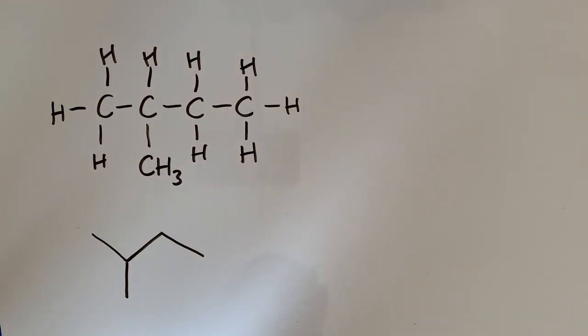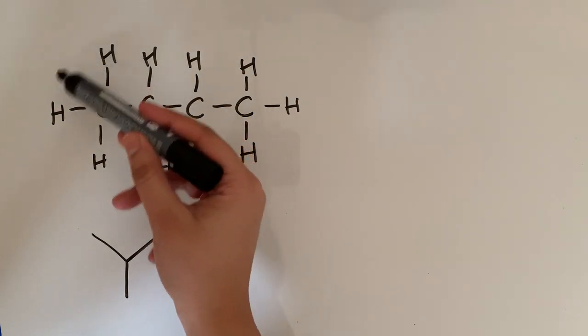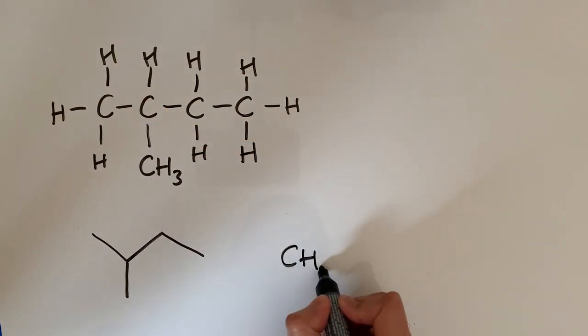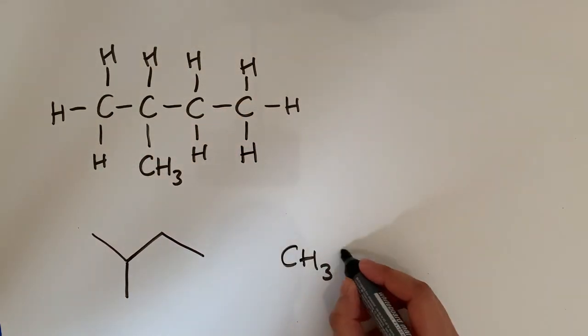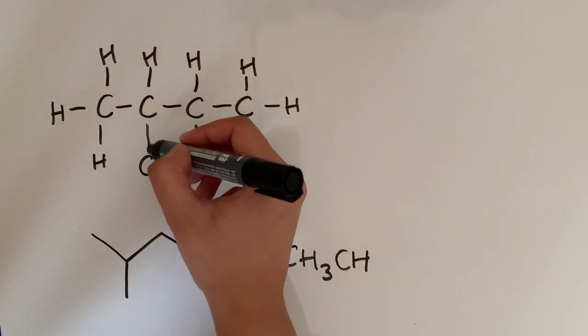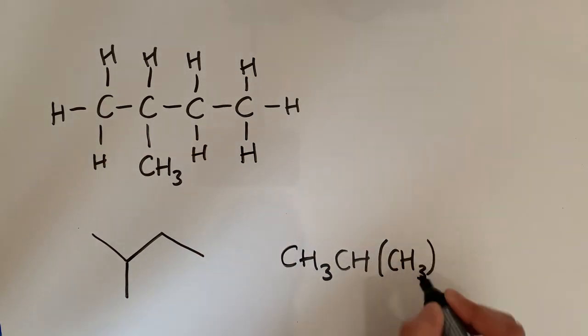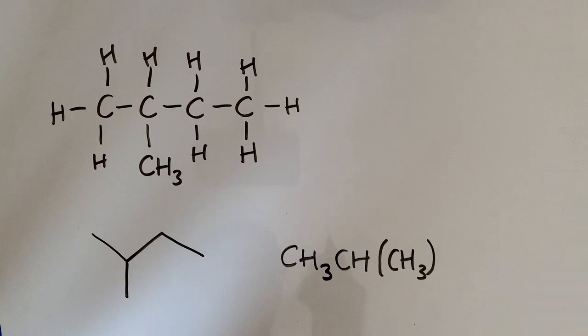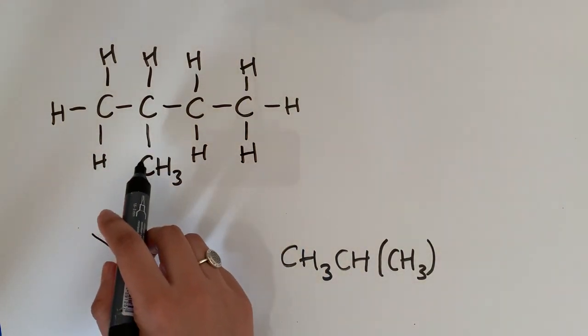If I were to do the structural formula, again we look at units, so we have a CH3 unit there. The next one has CH, and off of that we have a CH3. If we have a branch, we put that in brackets like so. So we have CH and then a CH3 coming off of that same carbon.